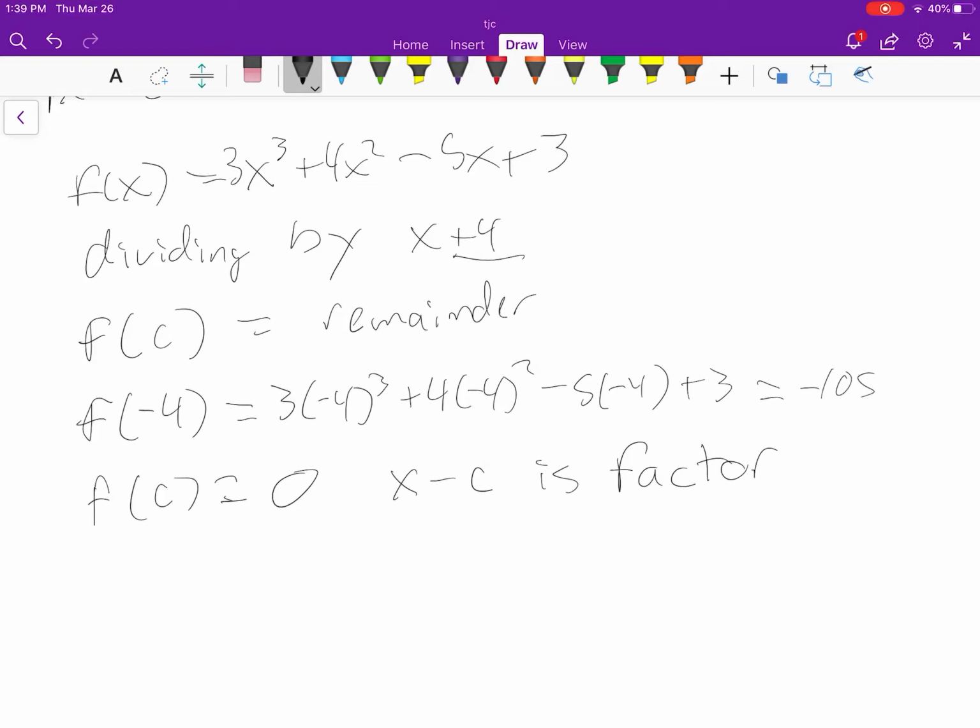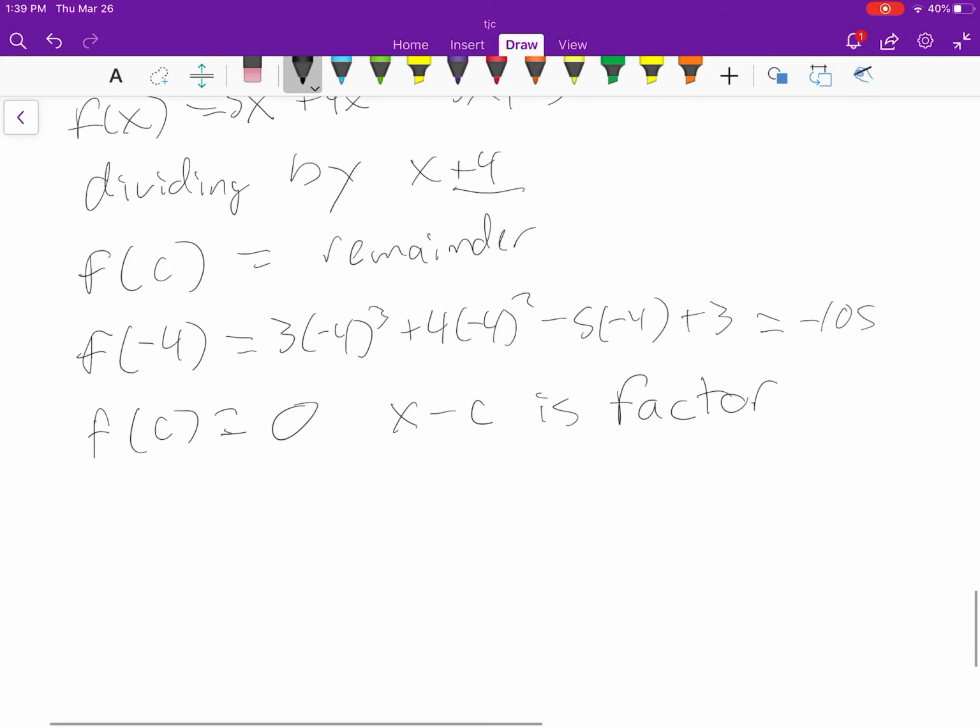It's basically saying if there is no remainder, then x minus c is a factor. This allows us to check for factors without actually factoring it out.